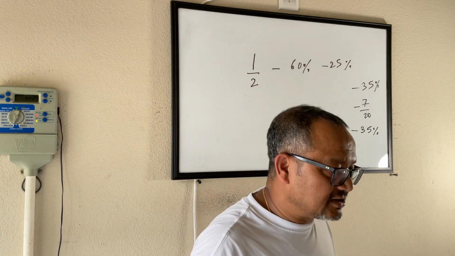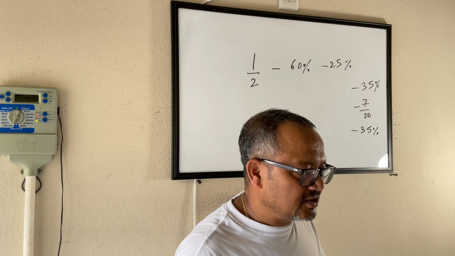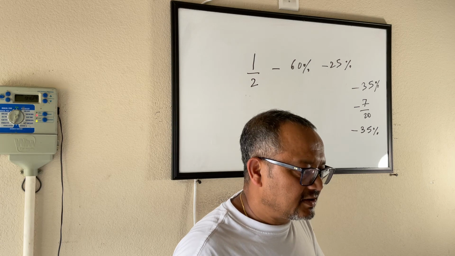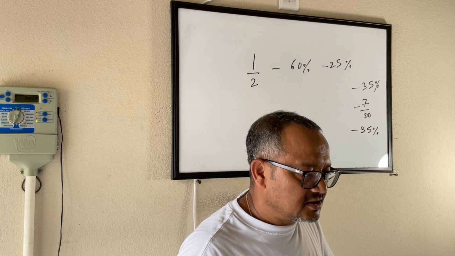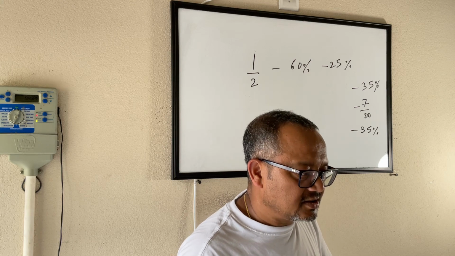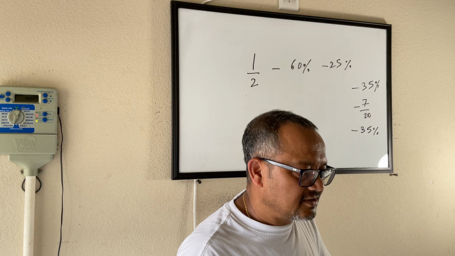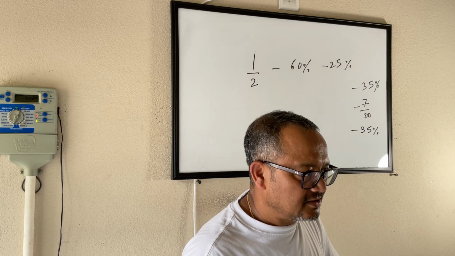Okay, Sanvita. I got negative 35%. Okay, Gayatri. I got negative 35%. Myra. I got negative 35%. Sami. I got negative 35%. Arav. Negative 35%.